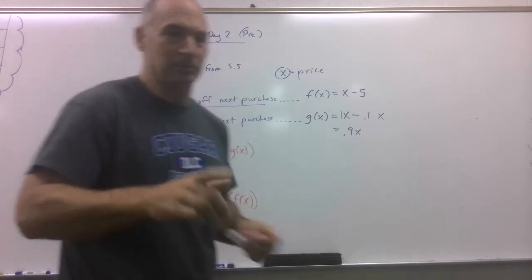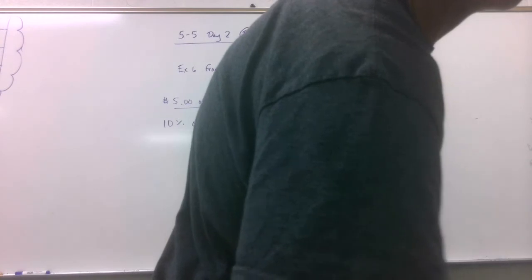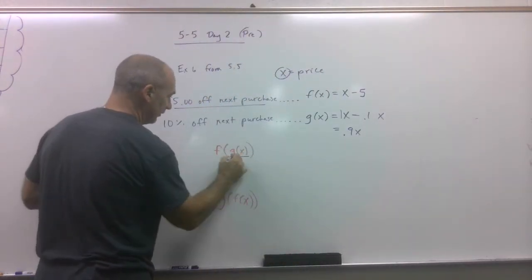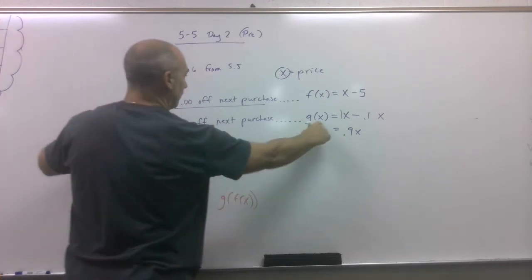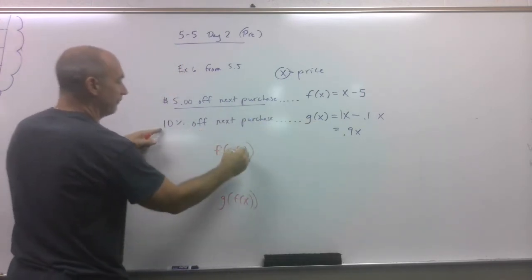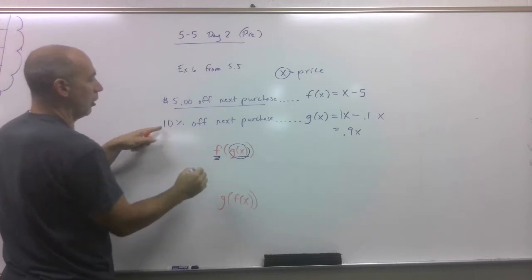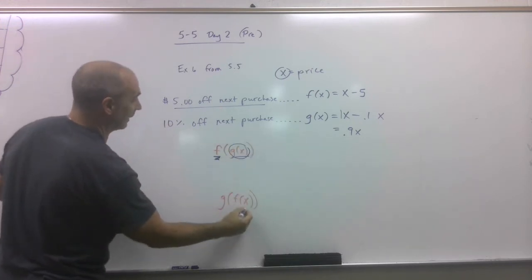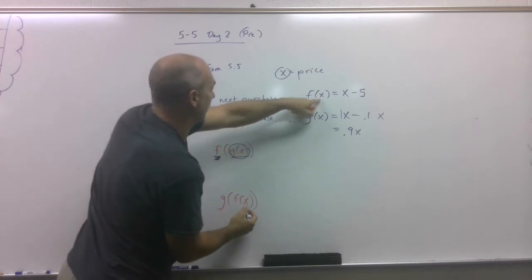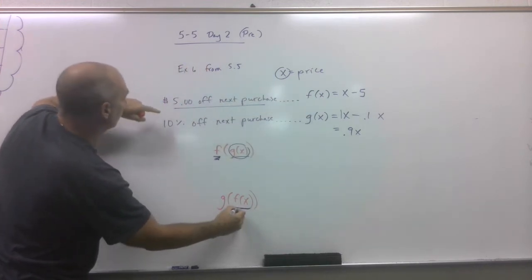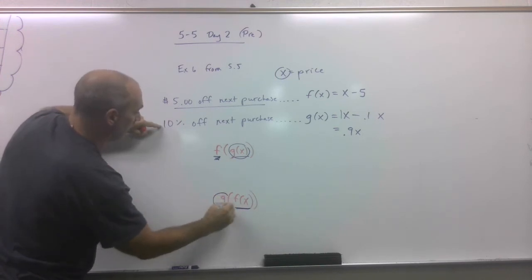Okay, give me a second. So what is this really saying? This is saying g of x, you're going to take 10% off first, and then you're going to take $5 off that. This is saying, because f of x is take $5 off, you're going to do that first, and then you're going to take 10% off of that.